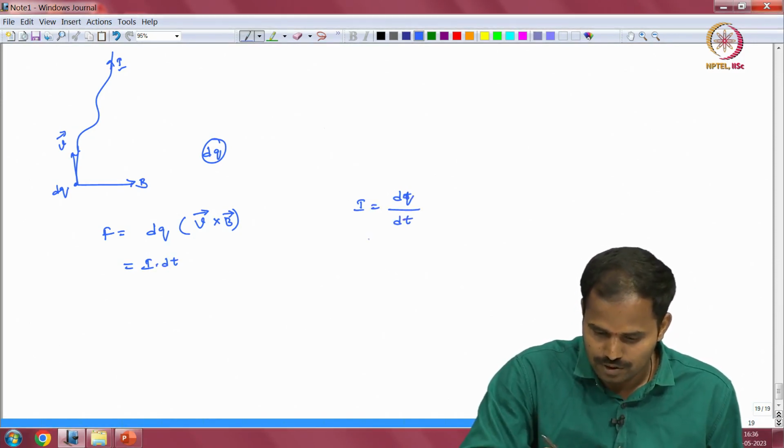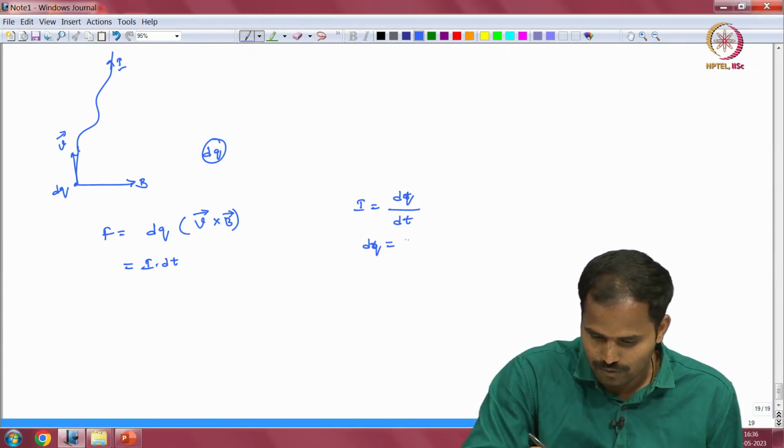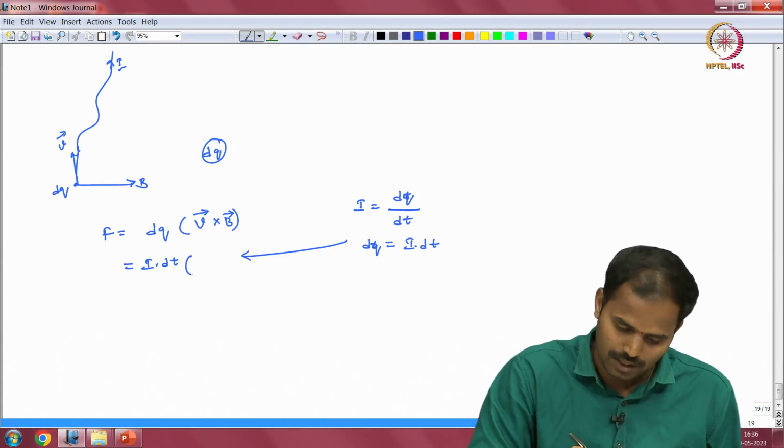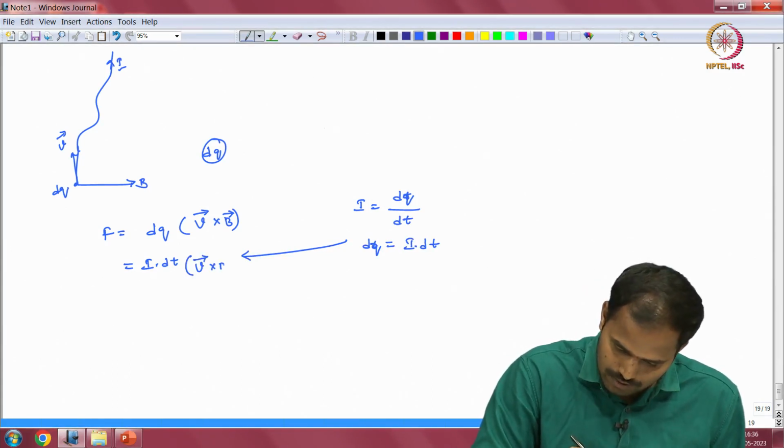So dq equals I dt, which I am bringing here into v cross B.